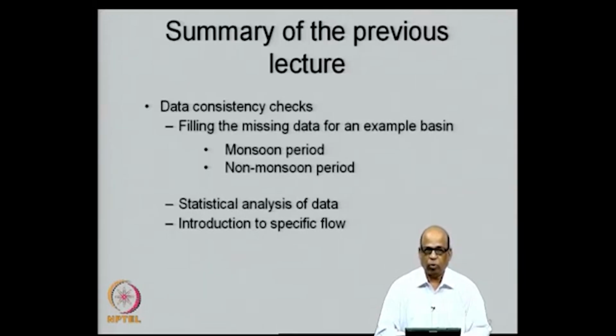Maybe it has not been observed, or it has faded, in the sense that they would have recorded on paper and then for some reason it has faded and you are unable to make out exactly what the data is, or the gauge may not be working during those periods and therefore, there is no data available and so on.